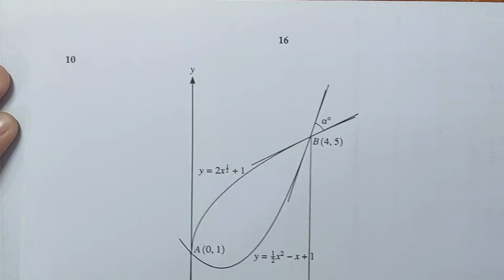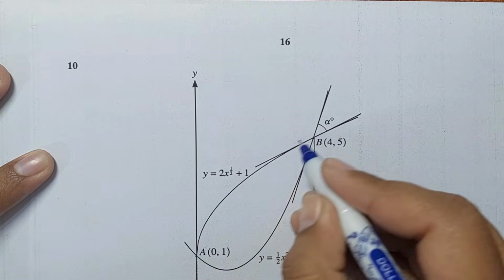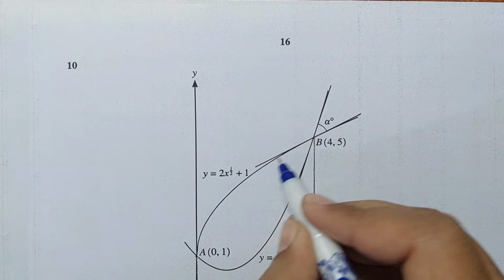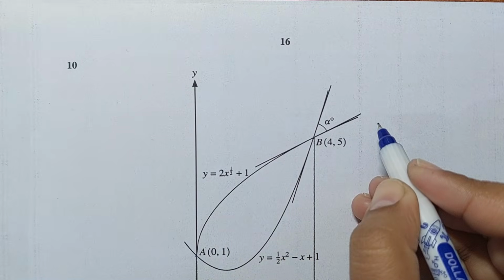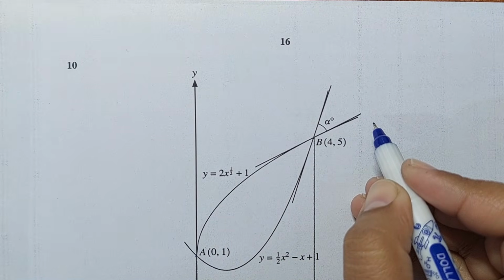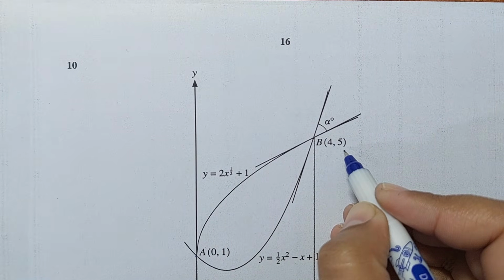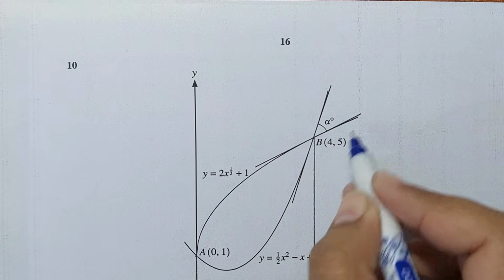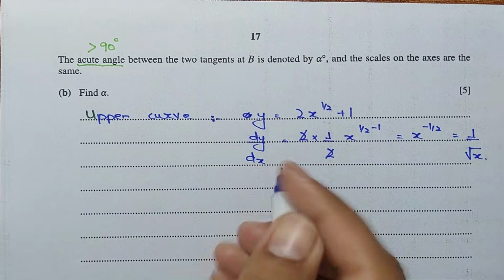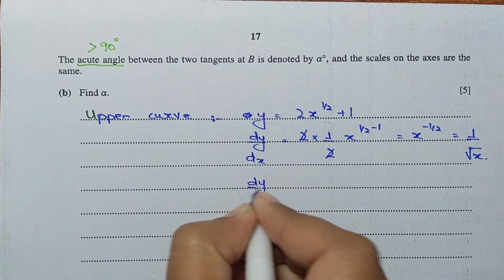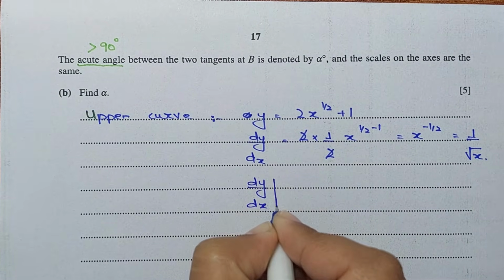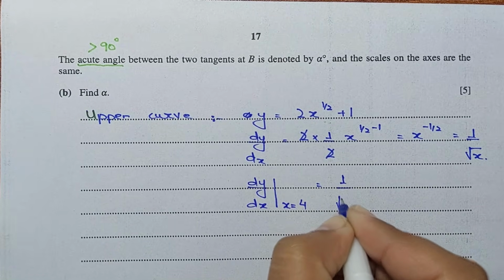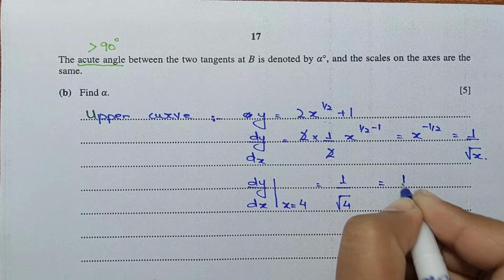So this is the upper curve, and as you can see, this line is tangent to this curve. For the equation of the tangent, we need the point and the gradient of the curve at this point B. So the gradient of this curve at x equals 4: dy over dx at x equals 4 is 1 over root 4, which equals 1 by 2.